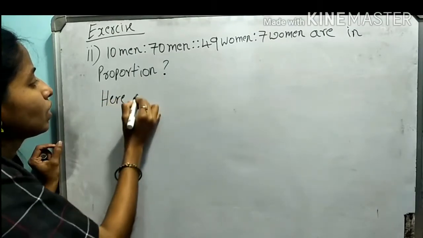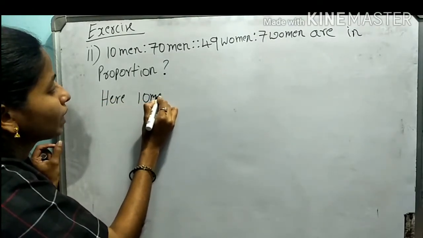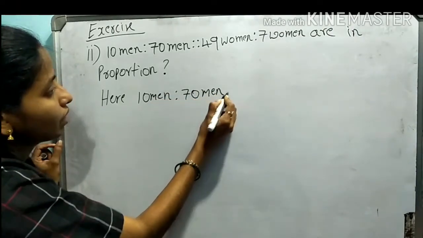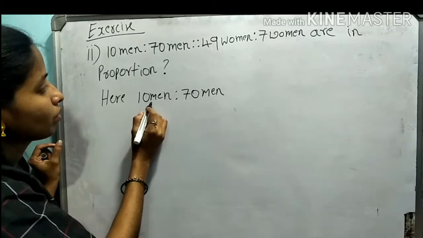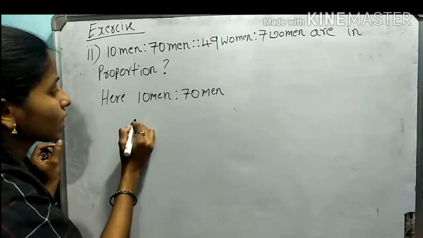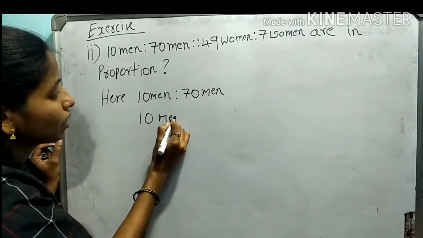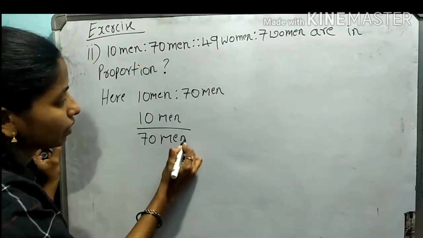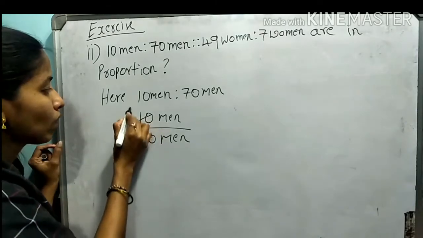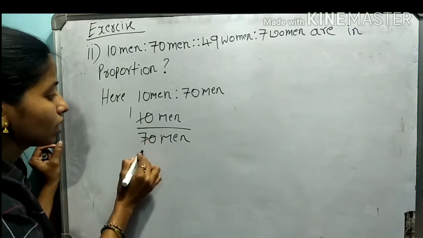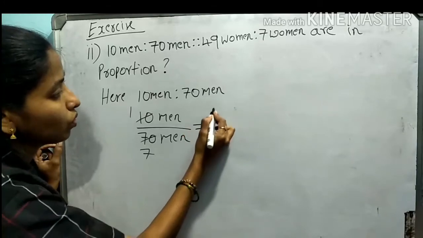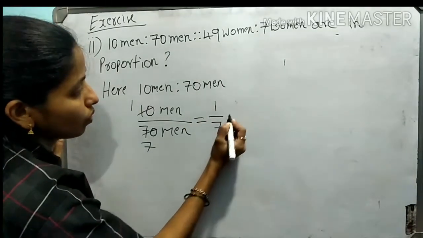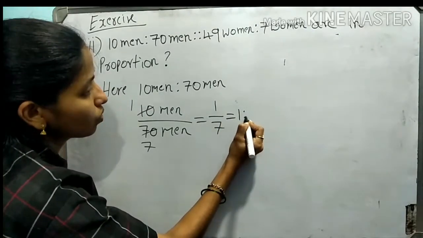We can write this as 10 men divided by 70 men. Here 10 ones are 10, 10 sevens are 70. This is equal to 1 by 7. So we can write this as 1:7.